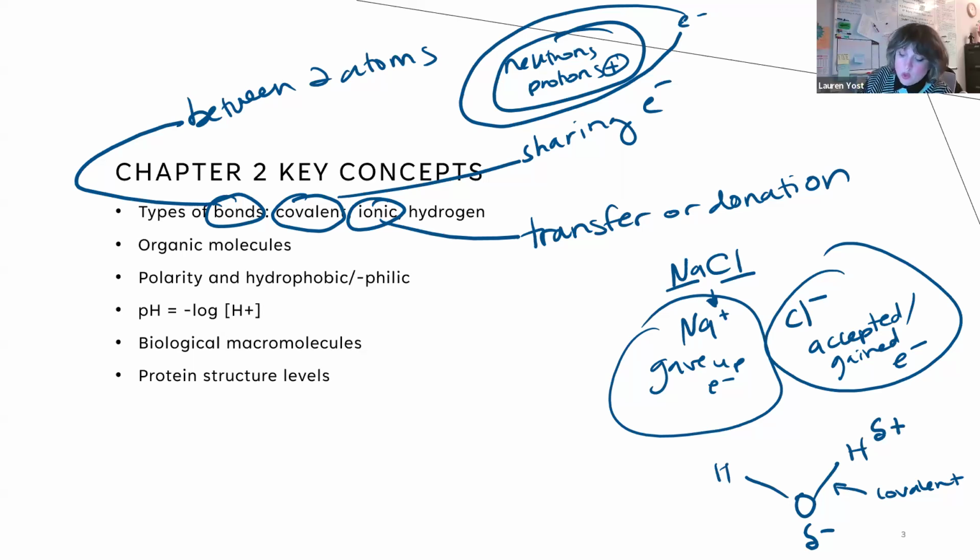And now those polar positive hydrogens can interact with the chlorine through what kind of bond would that be? There's an attractive force between a polar positive hydrogen and something else that is either negative or polar. This would be a hydrogen bond. Okay, no electron exchange, just attractive forces with a positive polar hydrogen there.